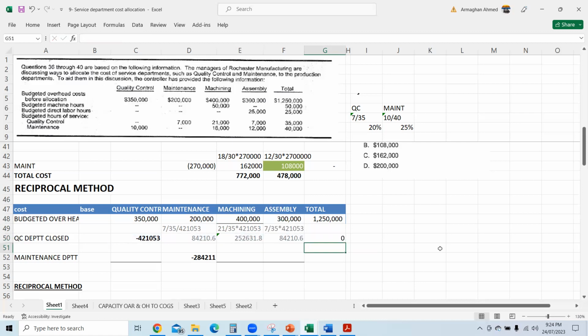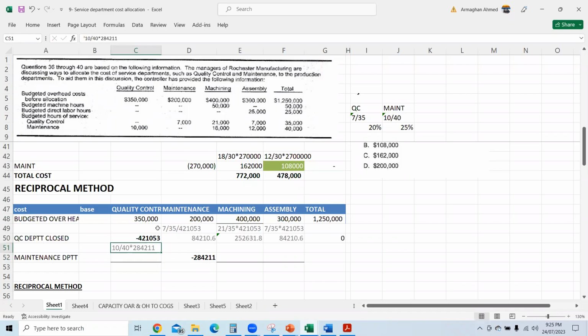Got it? Okay, Prakash, can you tell me how we will allocate maintenance? Maintenance, 284,211, sorry. Maintenance 10 divided by 40, into 284,211, right?